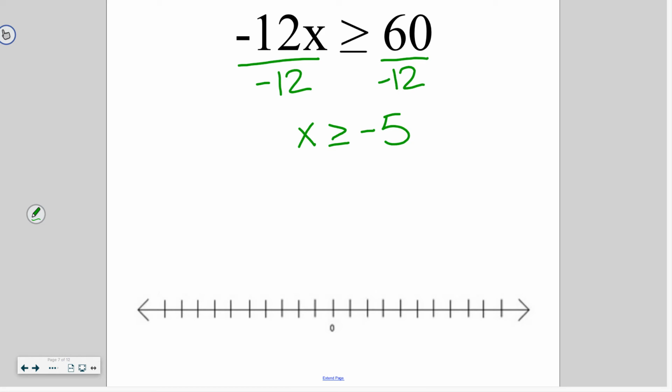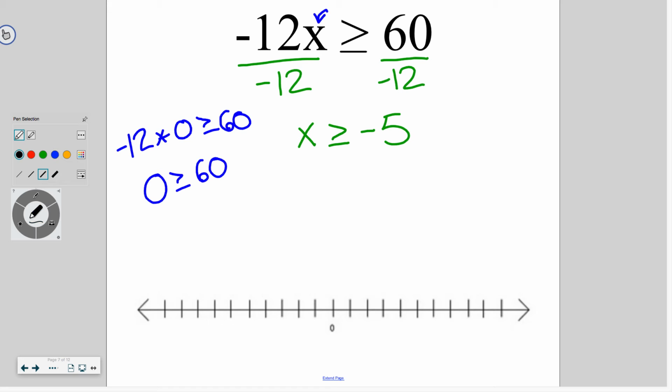So if I was going to pick out a number that's bigger than negative 5, let's say 0. 0 is bigger than negative 5. But what happens when I plug that 0 back in for x is I would have negative 12 times 0 is greater than or equal to 60. Solving that, I get 0 is greater than or equal to 60, which is obviously not true.